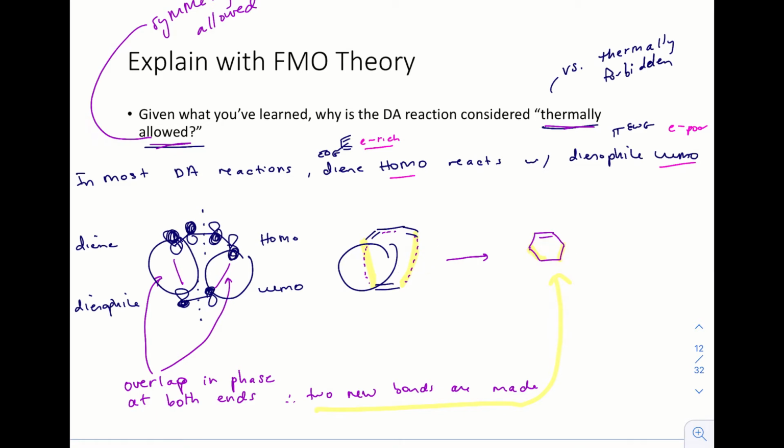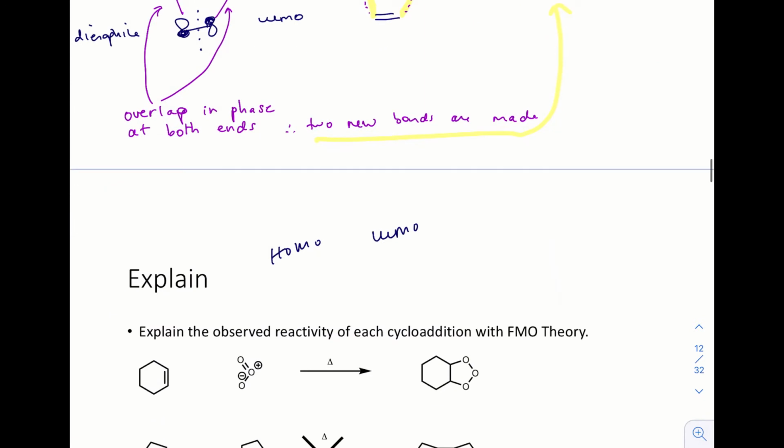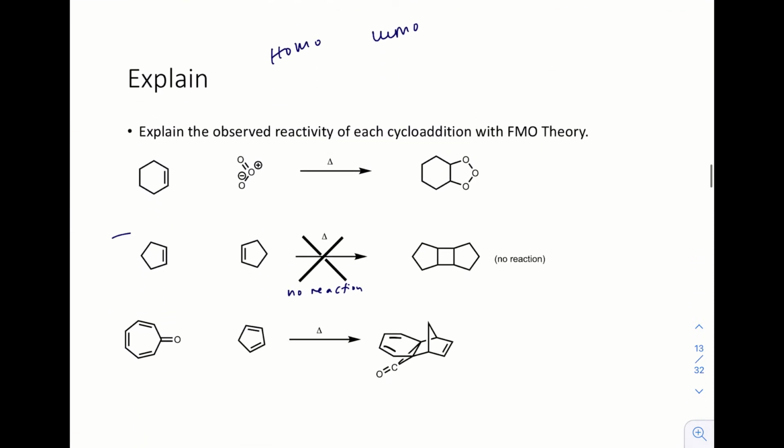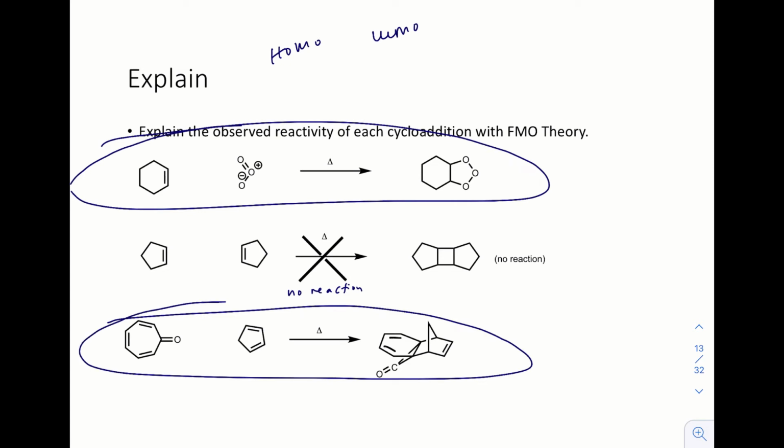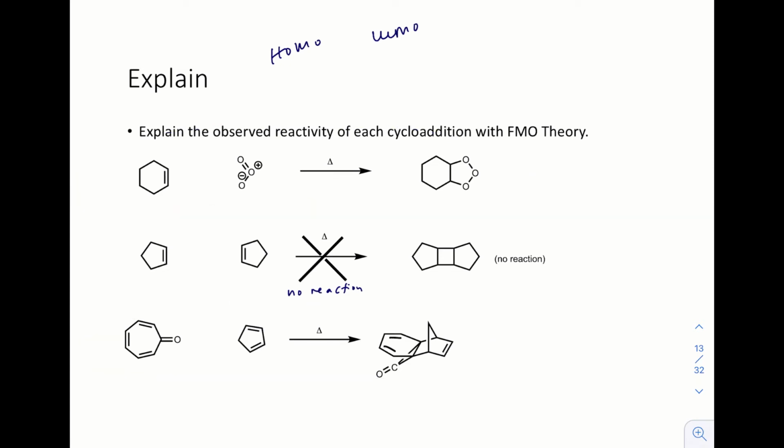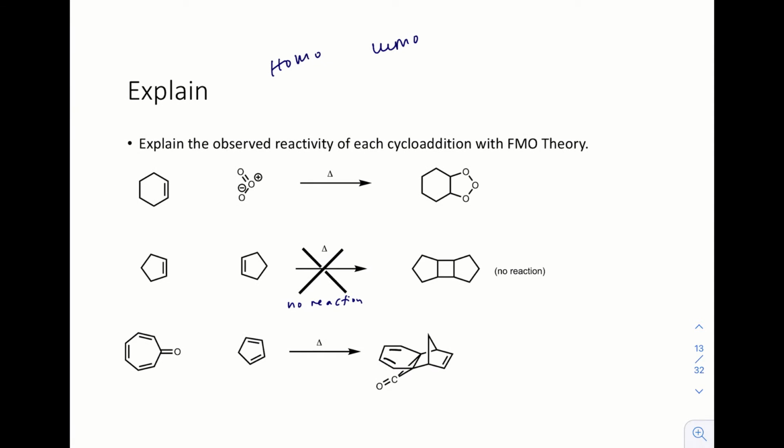If there is, it's allowed. If there is not, it is forbidden or not allowed, and the reaction doesn't occur. So spoiler alert: forbidden, allowed, allowed. What I would do right now is I would pause, redraw the curved arrows for each transformation, and try to draw out the HOMOs and LUMOs.